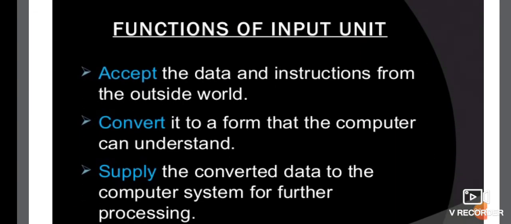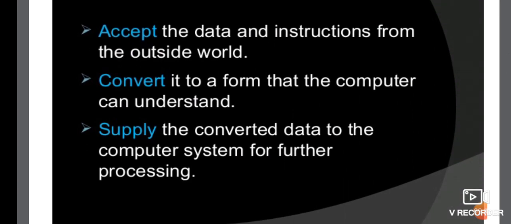The input unit will accept the data and instructions from the outside world and convert them to the form that the computer can understand. I already told you the computer can understand only binary format, that is zeros and ones. So whatever instruction we give must be converted into that form. Finally, after converting the data, it will be given to the computer for processing.